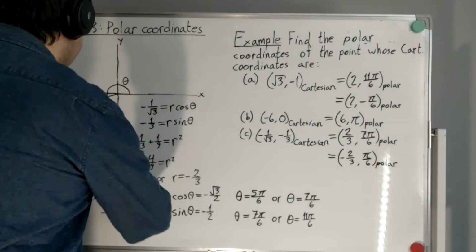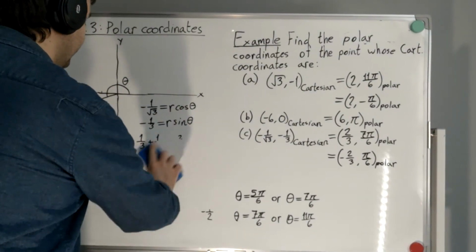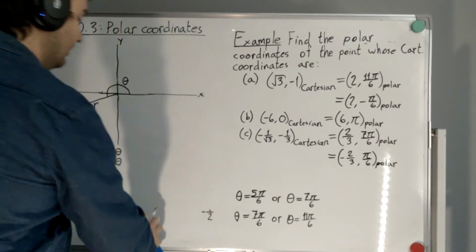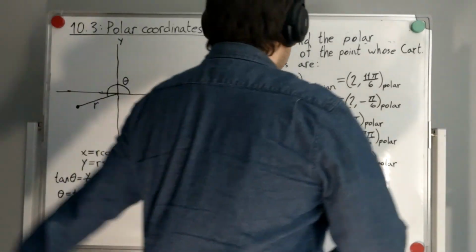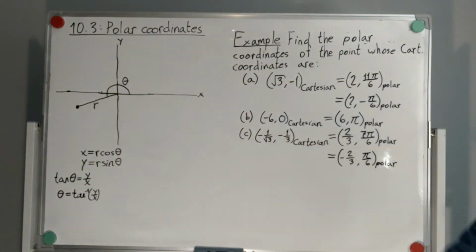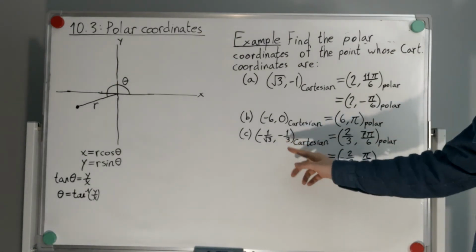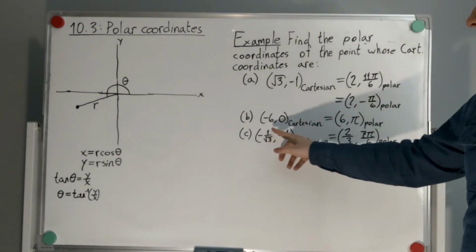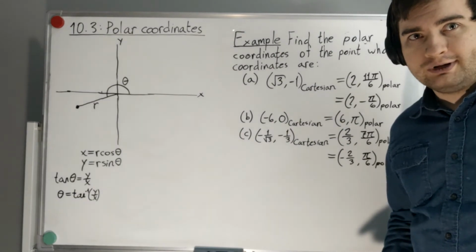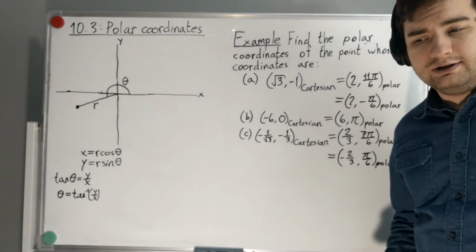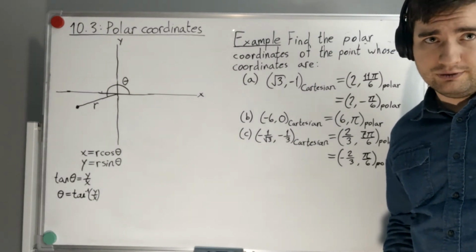So like right here, for instance, if we try to do this thing with a tangent, okay, divide y by x, you get negative 1 over 3 divided by negative 1 over root 3. That comes out to be root 3 over 3, which is the same as 1 over root 3.